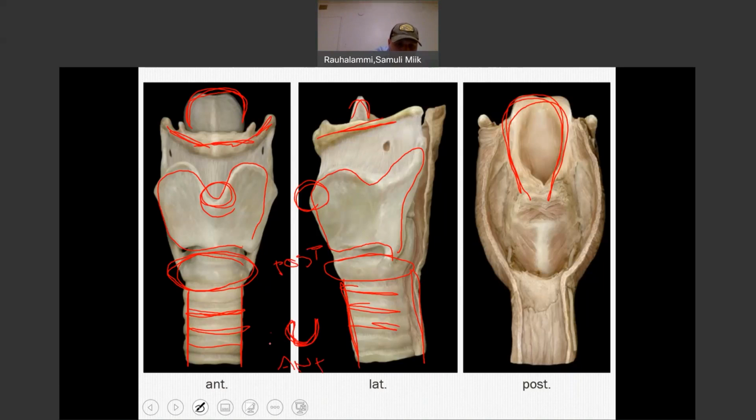They're open from the back. So that's our trachea there. These tracheal cartilages, their role is really to strengthen the trachea.